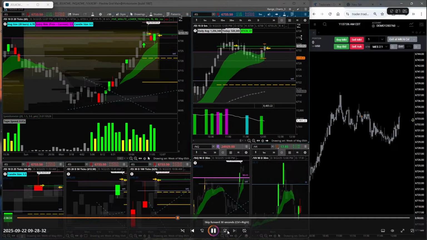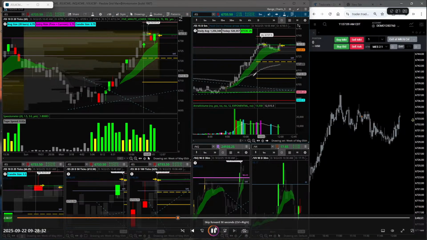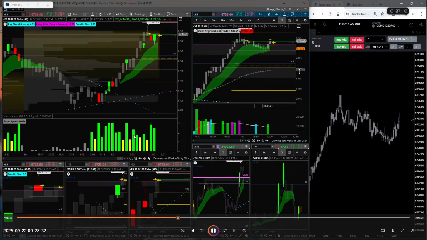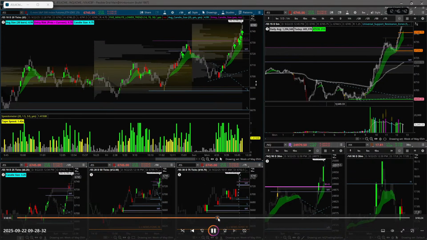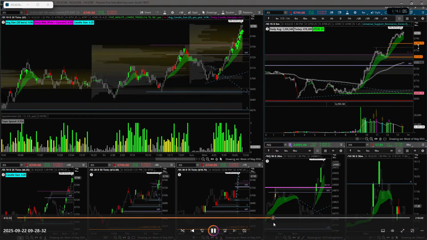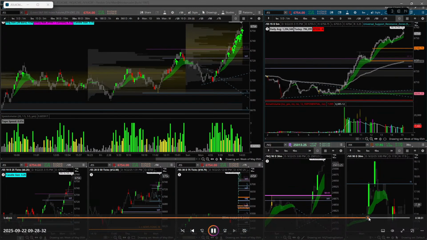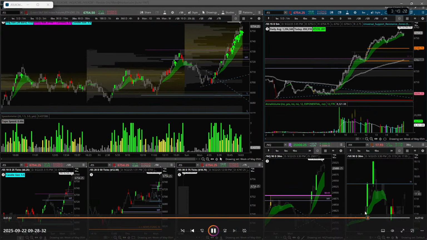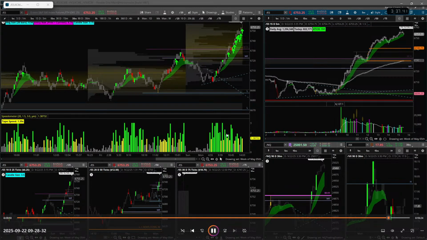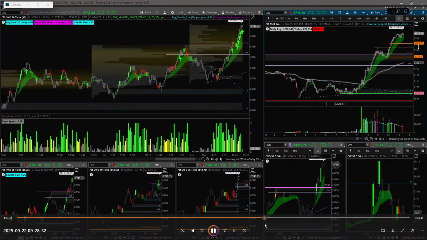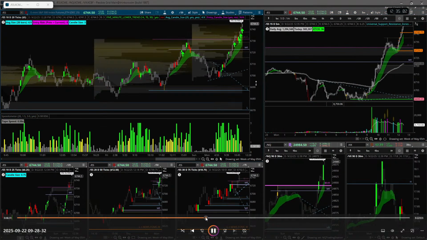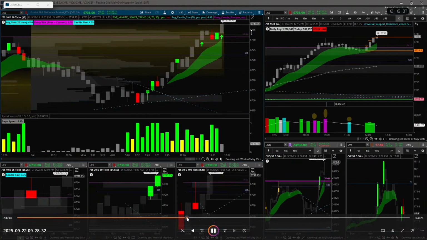All right, got stopped out, and then buyers stepped back in again. See, volume never died out, and we were up the entire time. From there, price just went, and then news came. Volume never died out here, not until right over there, this one here.